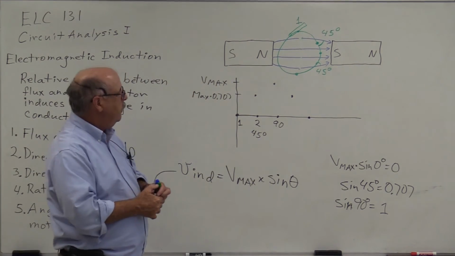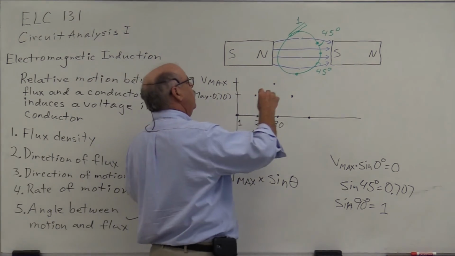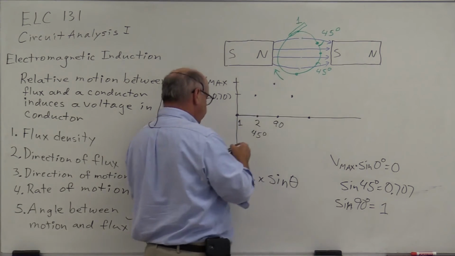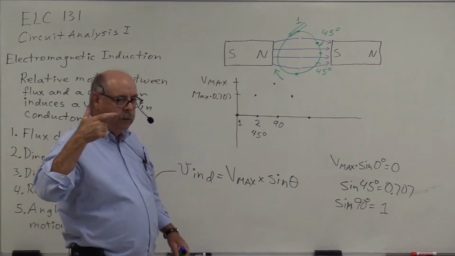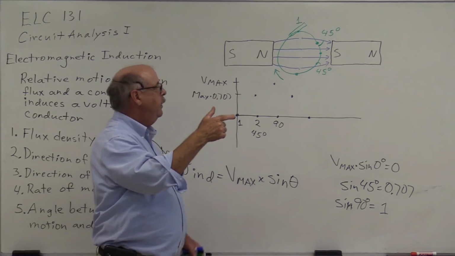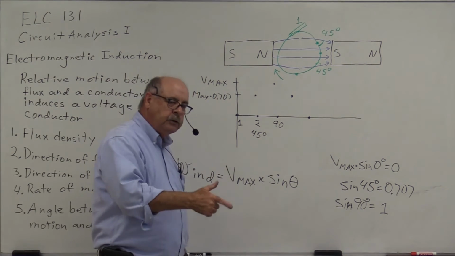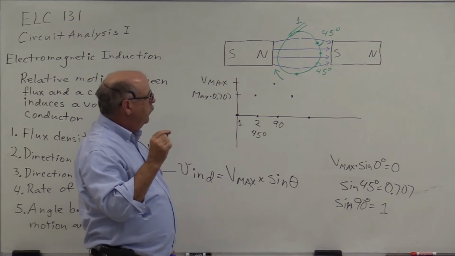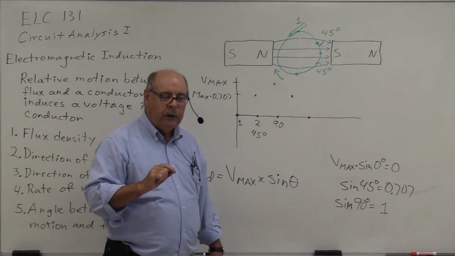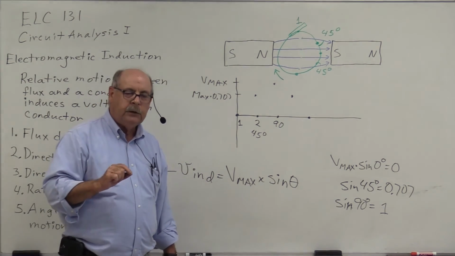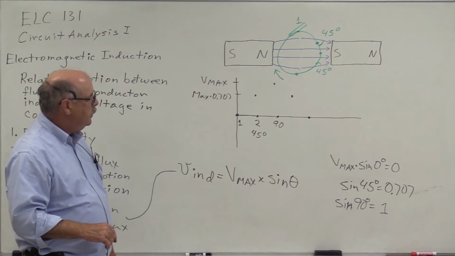Now, as I start going up through this field, the flux is going this way, and now the motion's going up. So the direction of current and the polarity of voltage has to reverse.